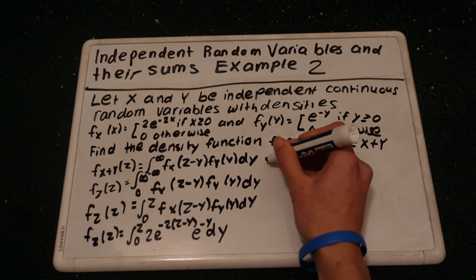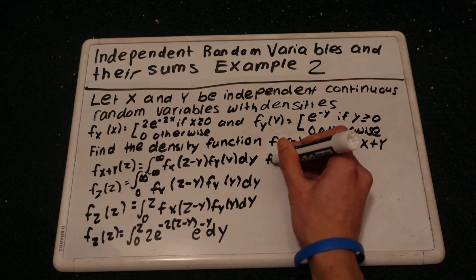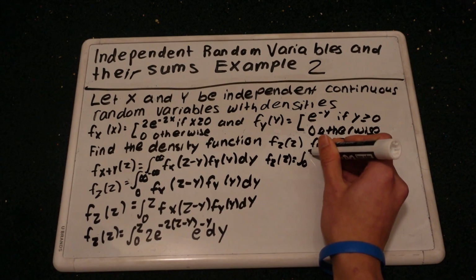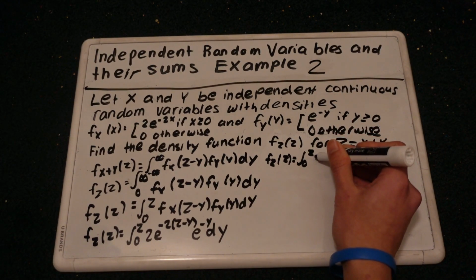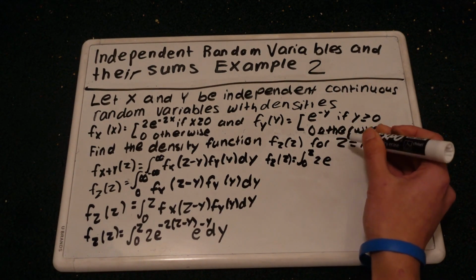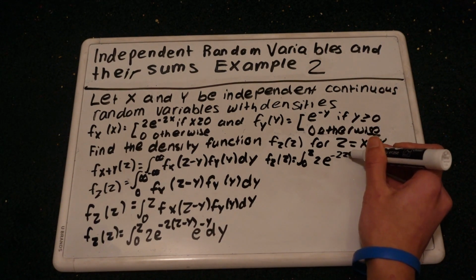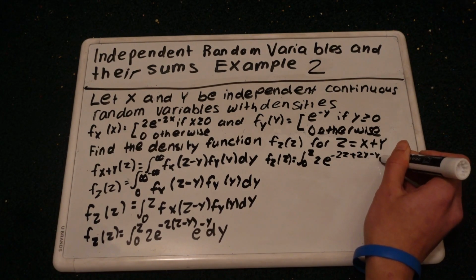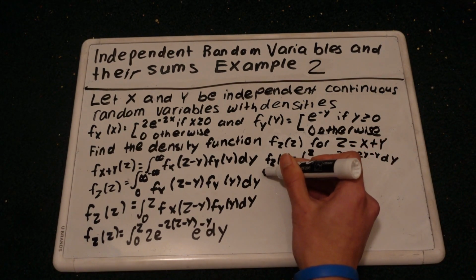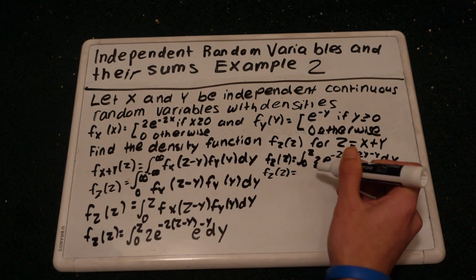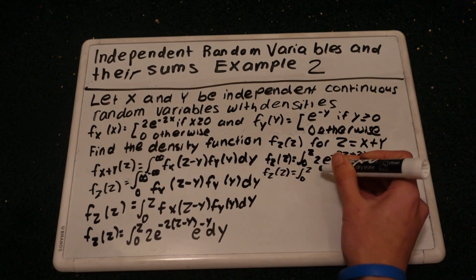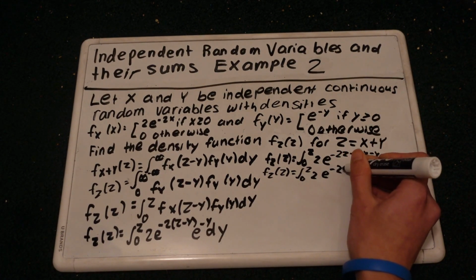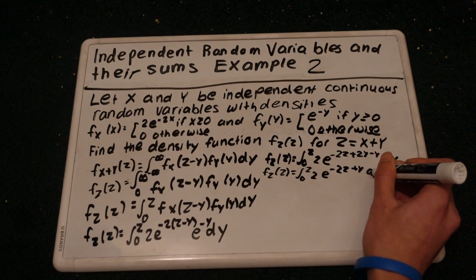And this could also be simplified to the integral from 0 to z of 2e to the negative 2z plus 2y minus y dy. Simplifying more, we get the integral from 0 to z of 2e to the negative 2z plus y dy.